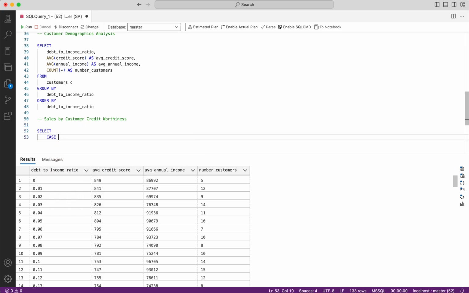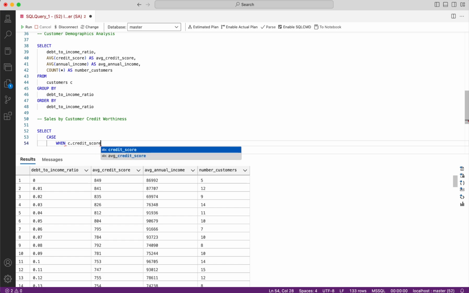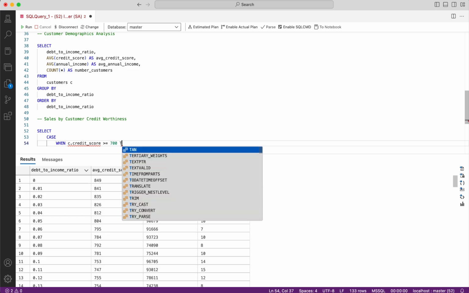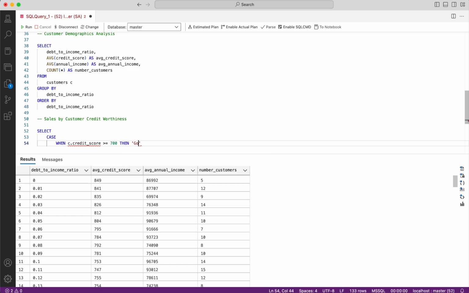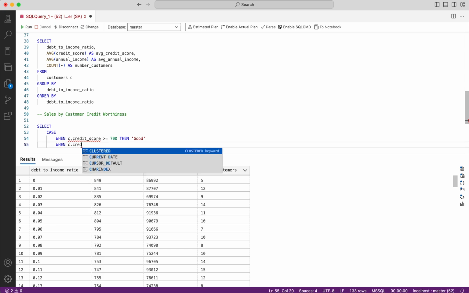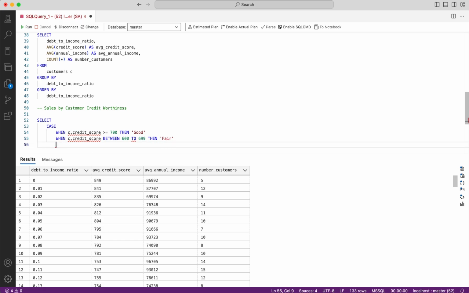Select case when credit score is greater than or equal to 700, then good. When credit score between 600 and 699, then fair. All else is going to be considered poor.